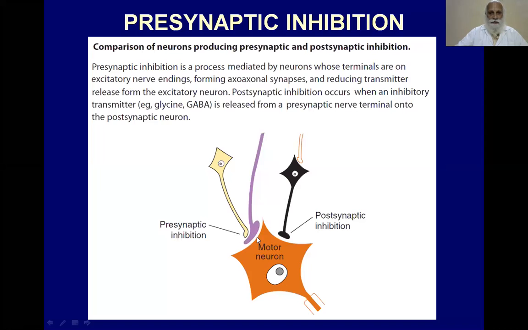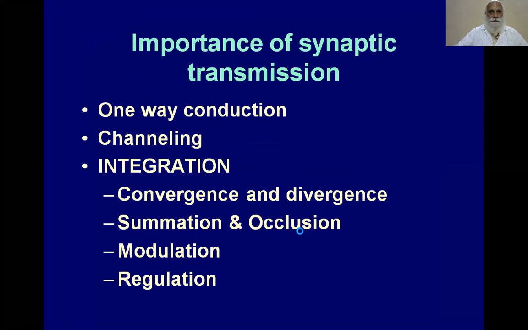A lesser amount of neurotransmitter is released, so that amounts to inhibition. This we call presynaptic inhibition: before the synapse, the presynaptic part is inhibited. That causes inhibition here as well. And this is direct postsynaptic inhibition.